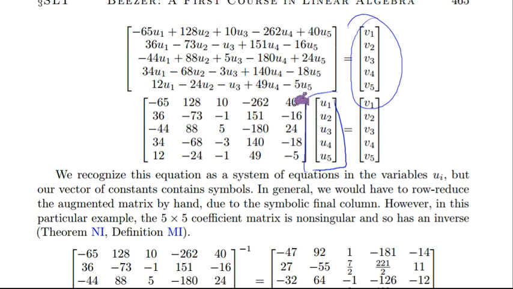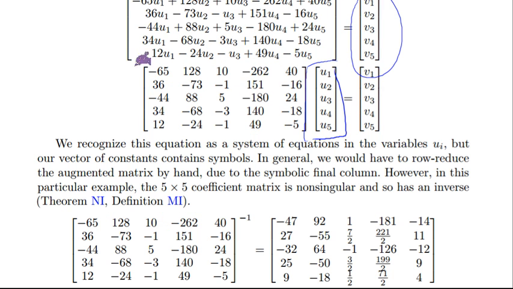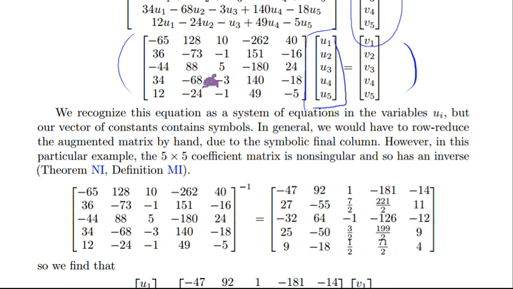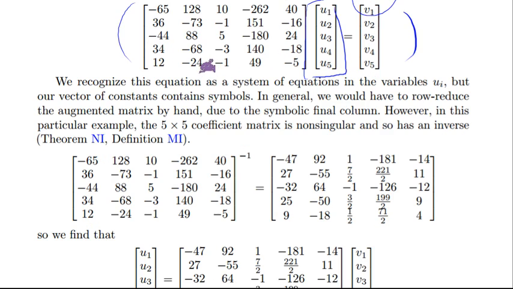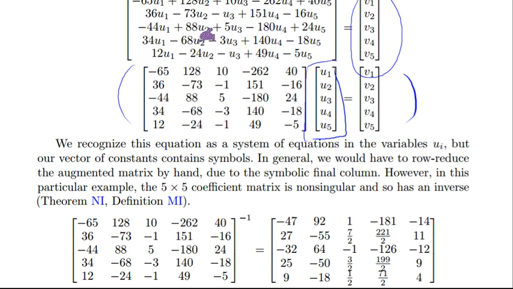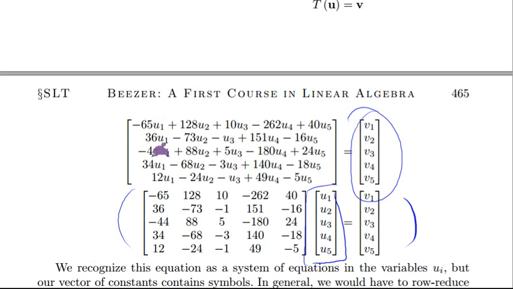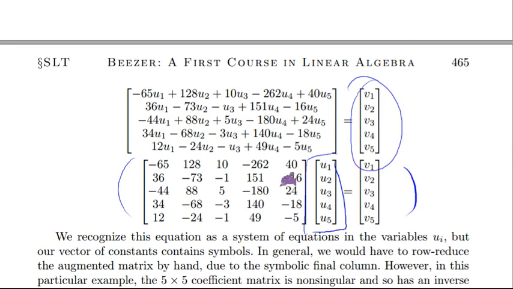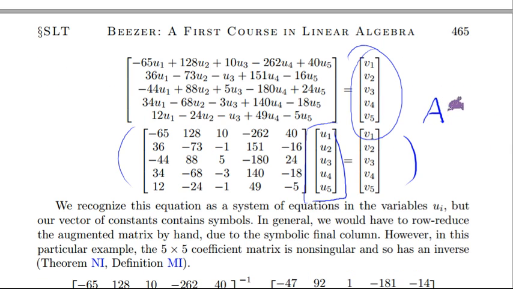Now it turns out in this case, this coefficient matrix is actually non-singular. Let me call this coefficient matrix A. What this is saying is Au is equal to v. Now, if A inverse exists, I can multiply both sides by A inverse, and that means that u equals A inverse v.